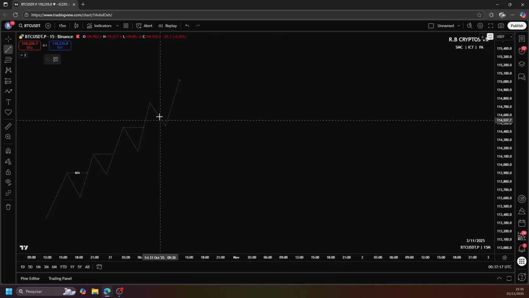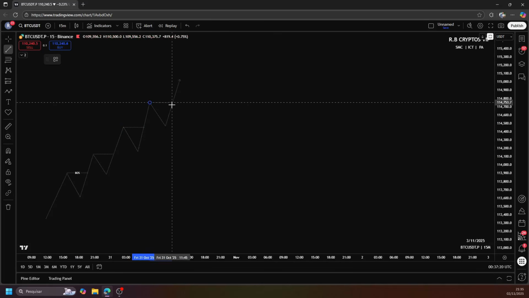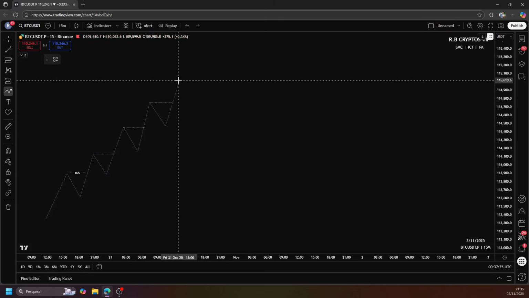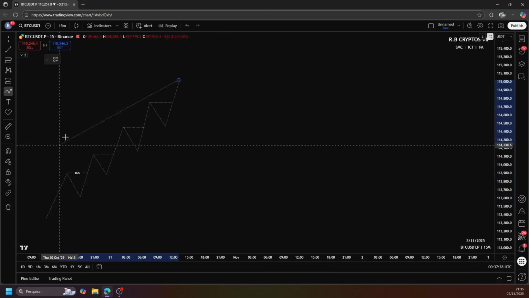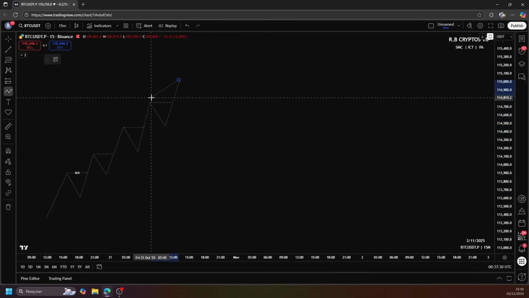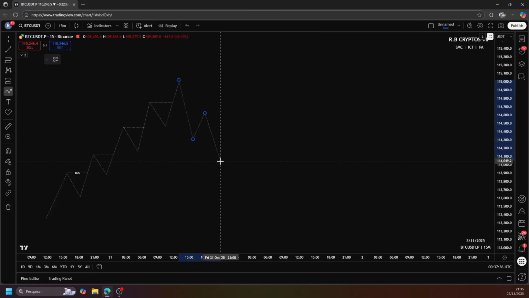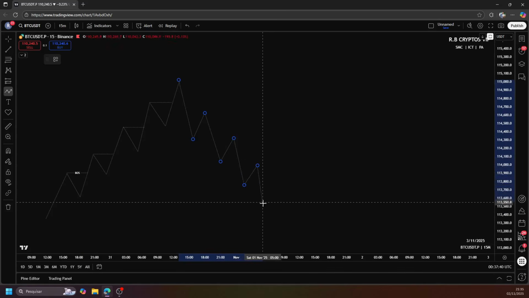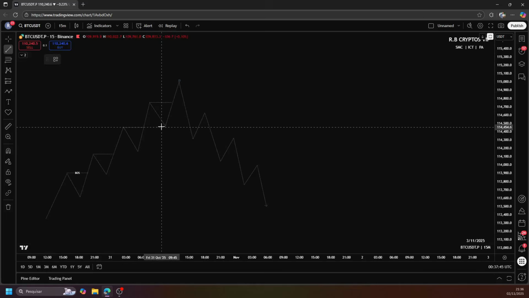We know this is a boss, and we know that from the moment the price breaks the last low, since we are in a bullish structure, we have a change of character to start a bearish flow. So this is essentially the fundamental structure that we are working with here.